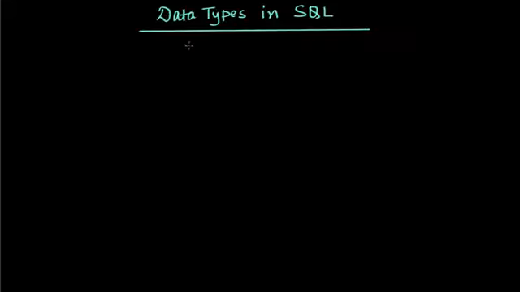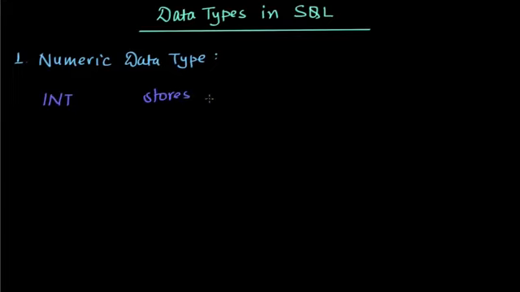The first one, we will start with numeric data types. Under numeric data types we have int as our first data type, and int stores integers. And what is the range it can store?